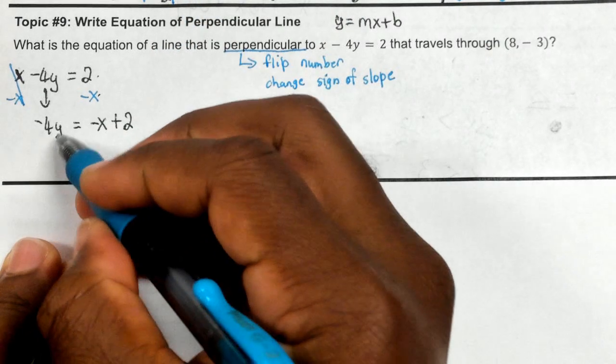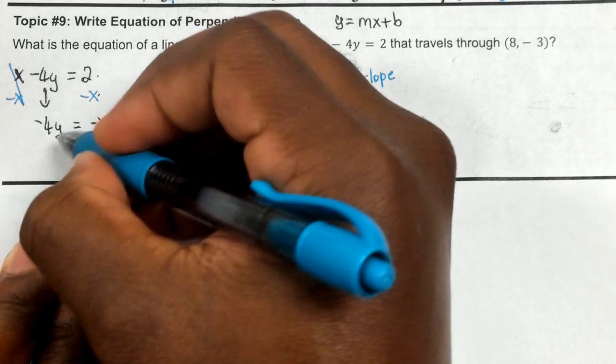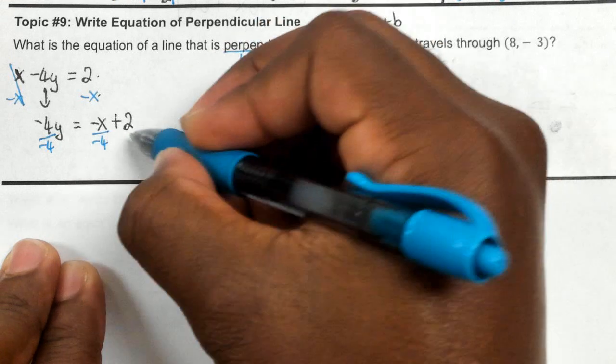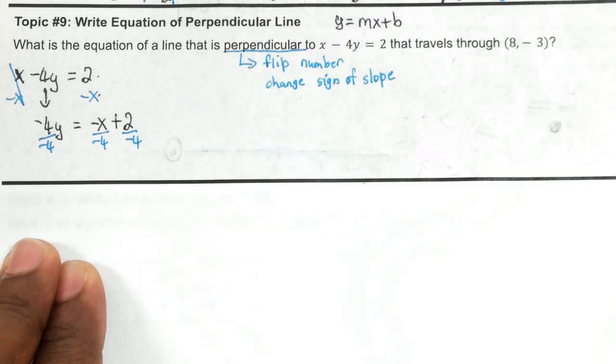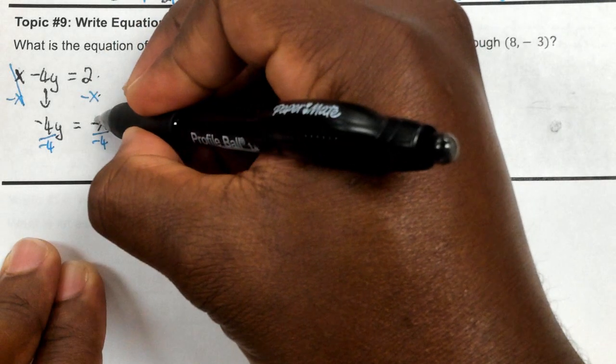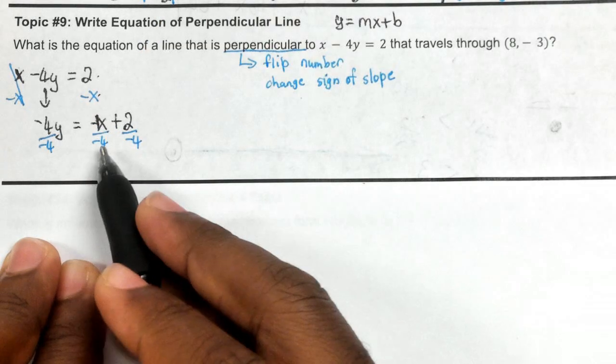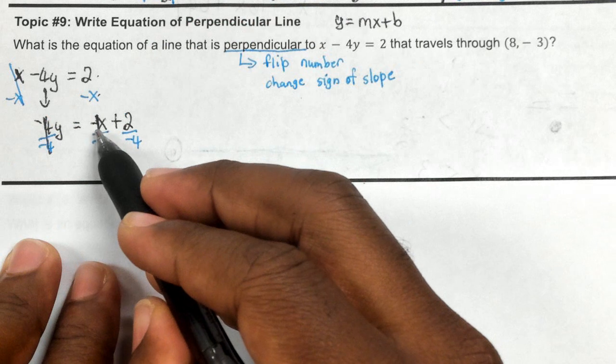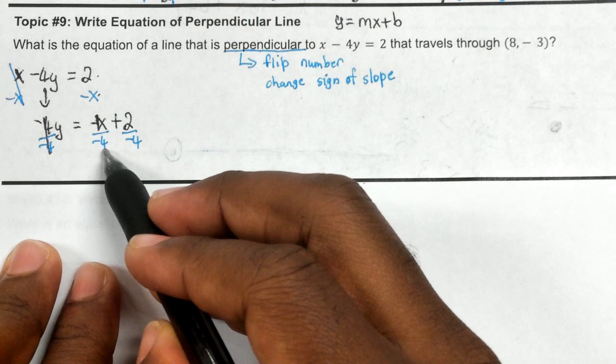Now get rid of the multiplying by negative 4 by dividing by negative 4 on each of these terms. Technically, in front of this x is a negative 1. But can I divide negative 1? So these cancel out. Can I divide negative 1 by negative 4?